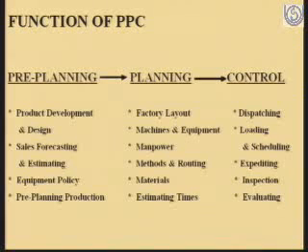Then sales forecasting and estimating. This is more important in case of make to stock firms. In manufacturing there are 3 types of firm. One is make to stock, another is make to order, another is make assemble to order. So sales forecasting and estimating is more important in 2 types of firm, that is make to stock and assemble to order.